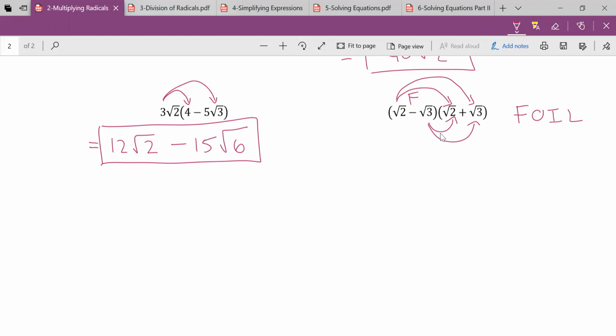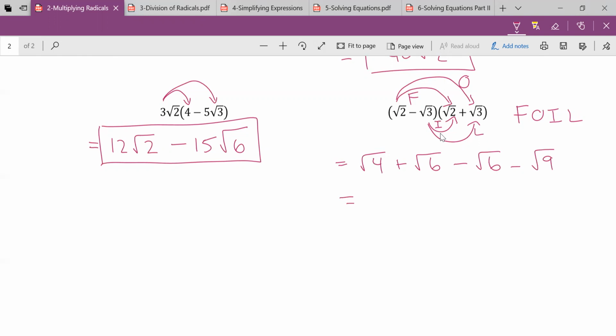So root 2 times root 2 is root 4. Then you go outer, so that's this one. So you go root 2 times root 3. That's positive root 6. Then you go inner, right here. So you go minus root 3 times root 2. That's minus root 6. And then you would go last. So root 3 times root 3, but it's negative. Okay, and now I simplify.